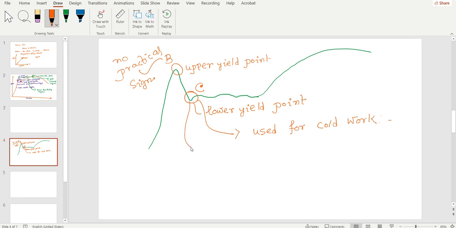At this point the Fy for mild steel is 250 Newton per millimeter square, and yielding begins from this point.